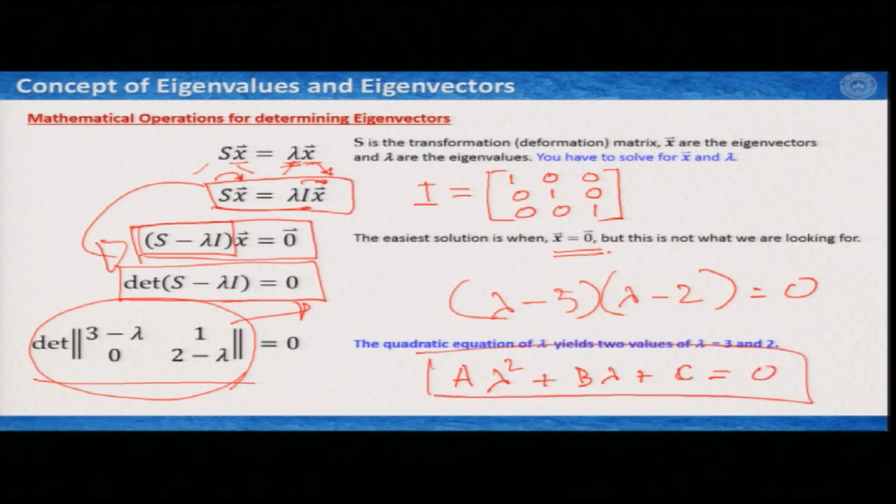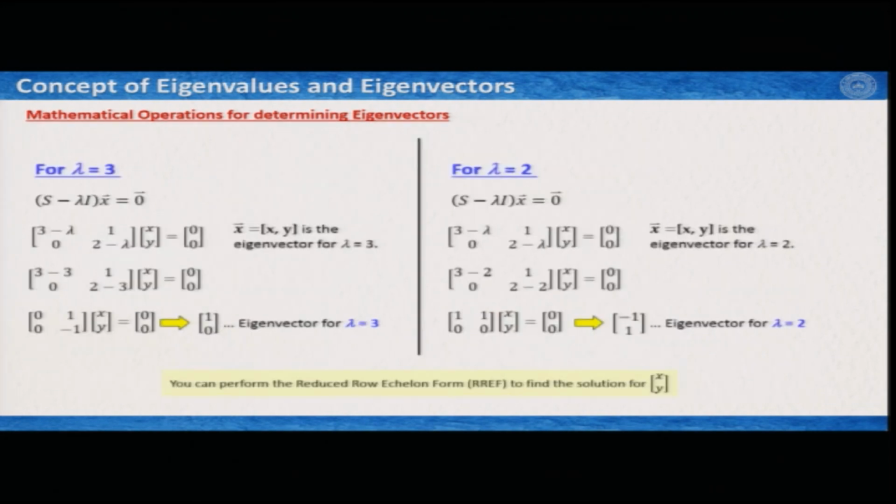This is your quadratic equation for 2 dimensions, and you can get the roots of this equation, and these would be your eigenvalues for the particular matrix you are dealing with. So now we know the eigenvalues for the matrix we are concerned with: one eigenvalue we found was 3 and another was 2.